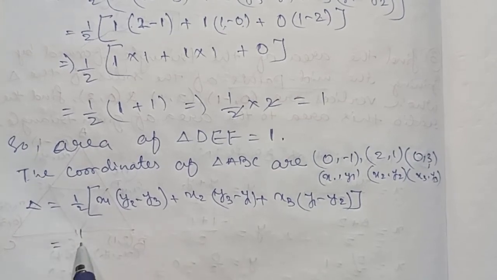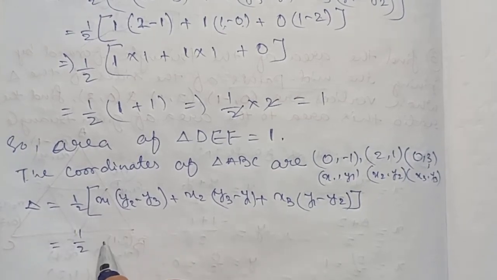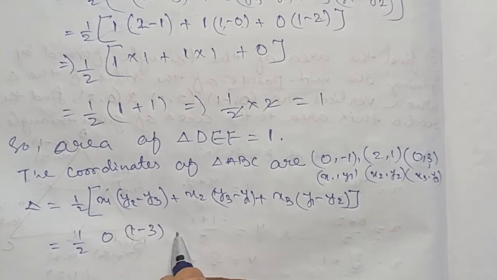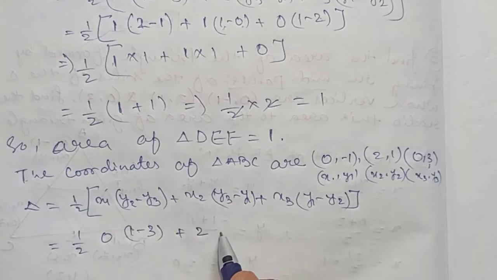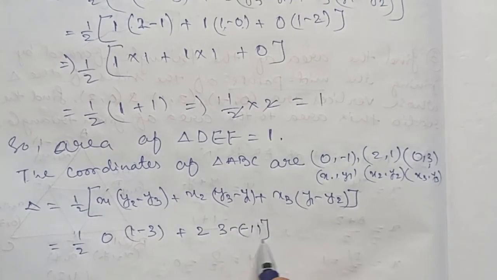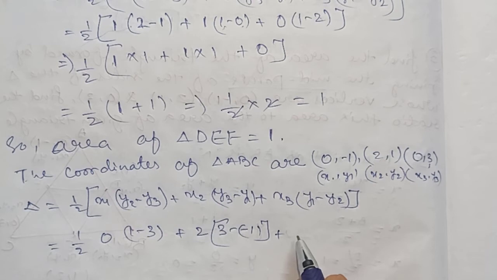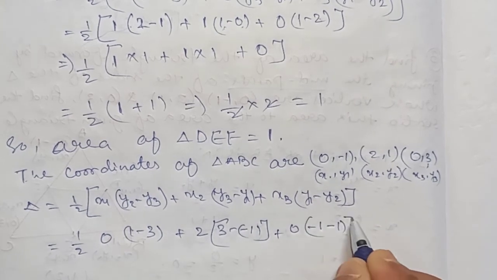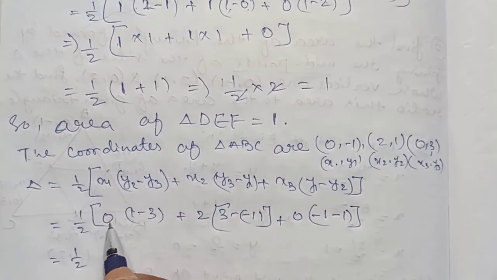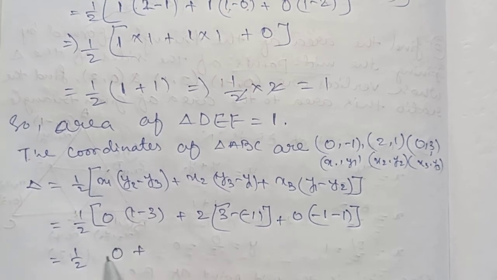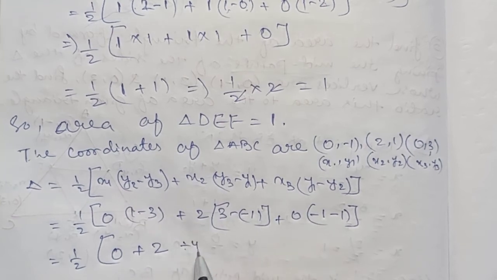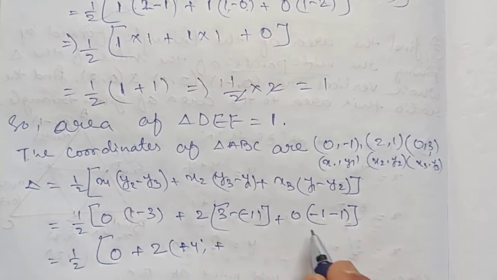Half, x1 is 0, y2 minus y3 is 1 minus 3, plus x2 is 2, 3 minus (minus 1), plus x3 is 0, y1 minus y2 is minus 1 minus 1. 0 into anything is 0, plus 2 into 3 minus minus 1 is plus 4, plus 0 into anything is 0.